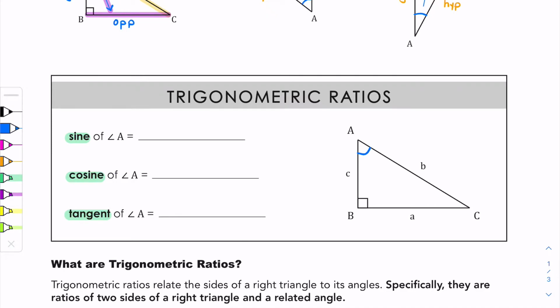So the sine value of angle A is always going to be the length of the opposite side, so length of leg opposite angle A divided by the length of the hypotenuse.